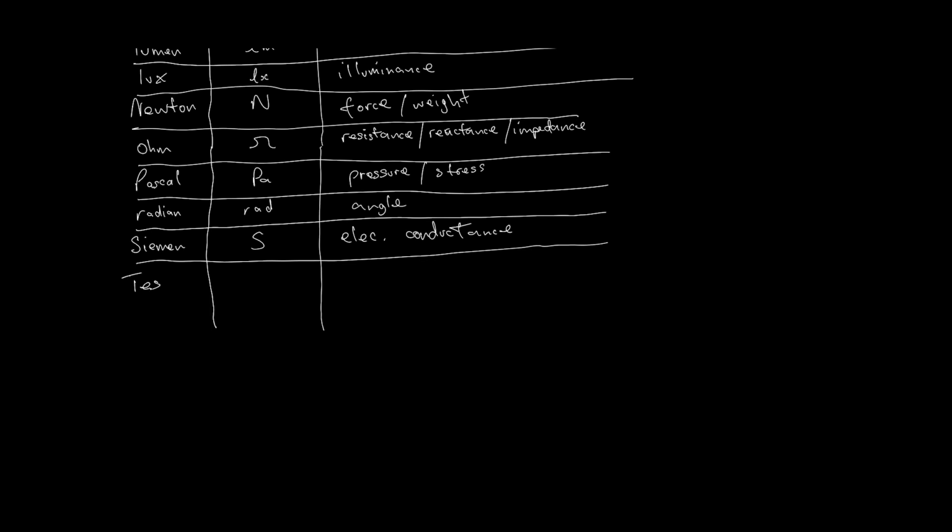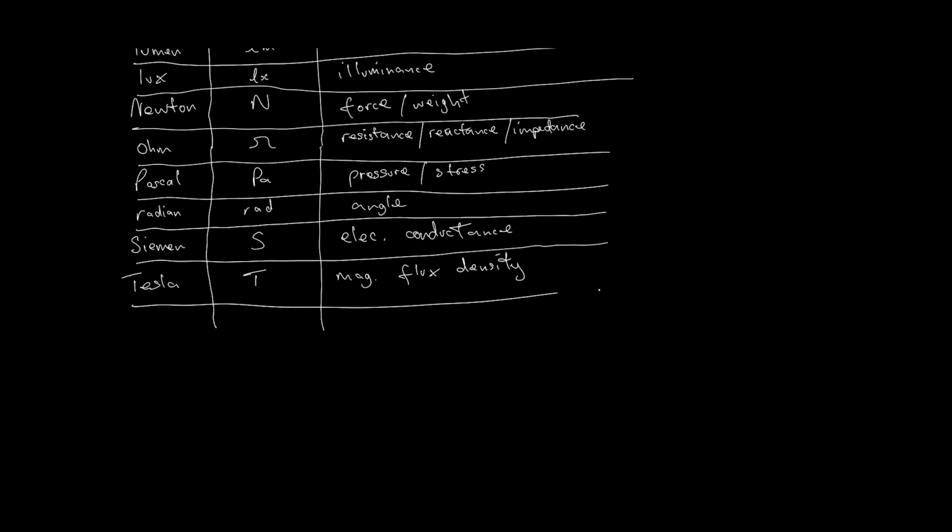Just a few more now. Tesla, name of a famous electrical car manufacturer these days, another famous scientist. Tesla, symbol is capital T, and it's a measure of magnetic flux density.